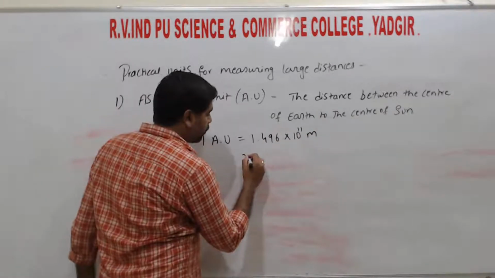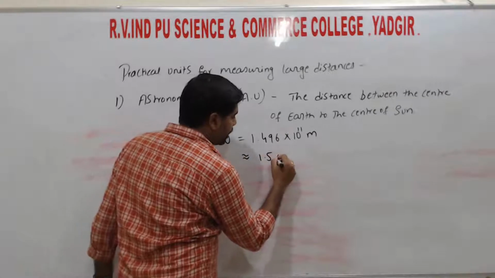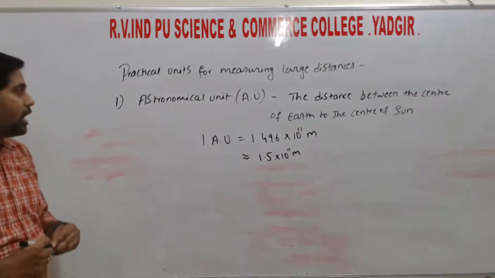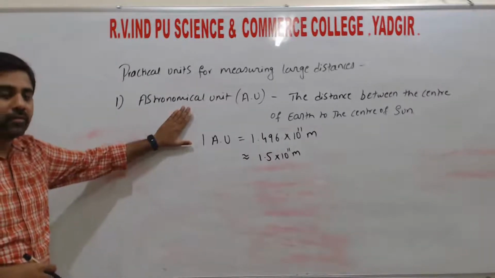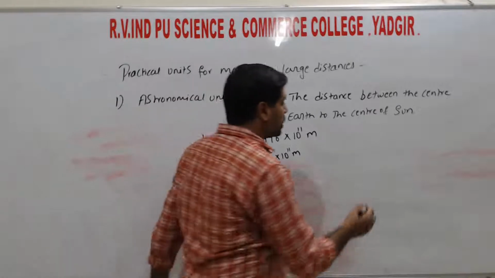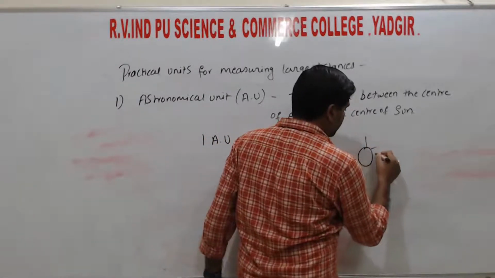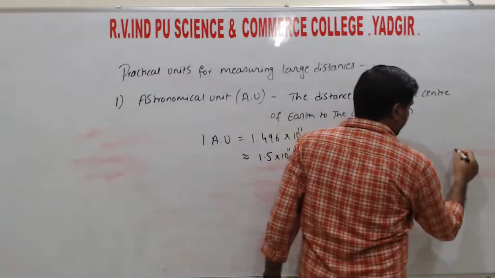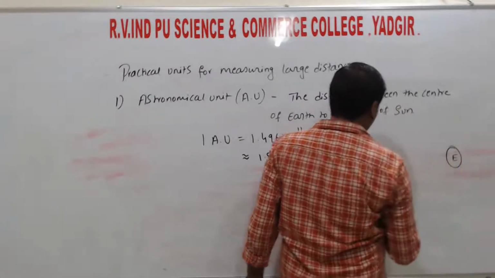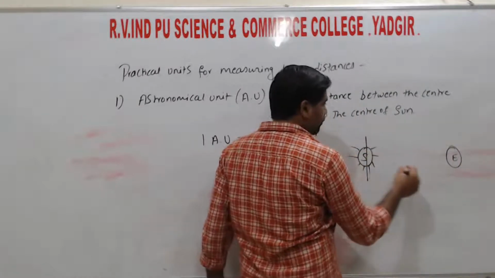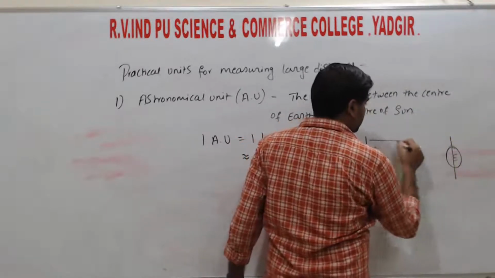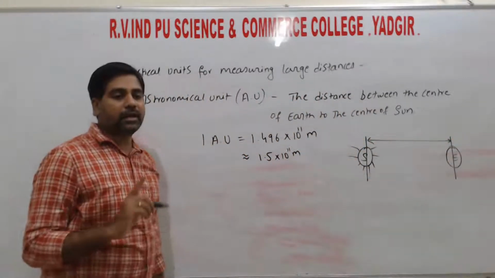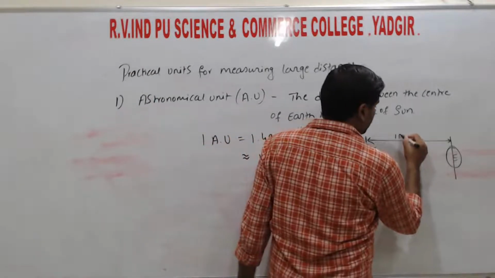Right? Approximately, we can write 1.5 into 10 to the power of 11 meter. This we call the astronomical unit. If we consider this one as the sun, and somewhere here is the earth, the distance from the center, from here to here, this distance we call one astronomical unit.